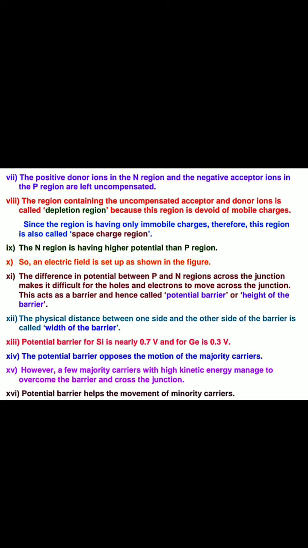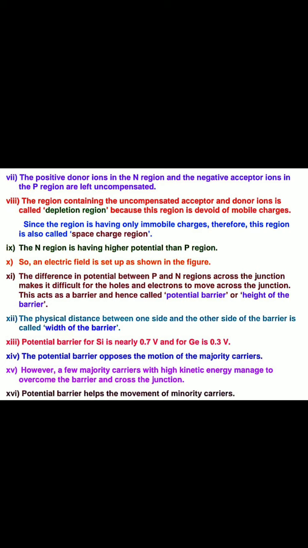The potential barrier opposes the motion of the majority carriers. However, a few majority carriers with high kinetic energy manage to overcome the barrier and cross the junction. The potential barrier helps the movement of minority carriers, because the P side becomes negative and the N side becomes positive.